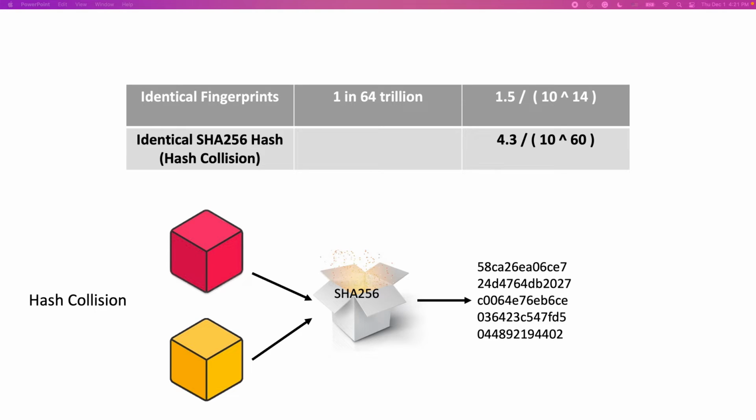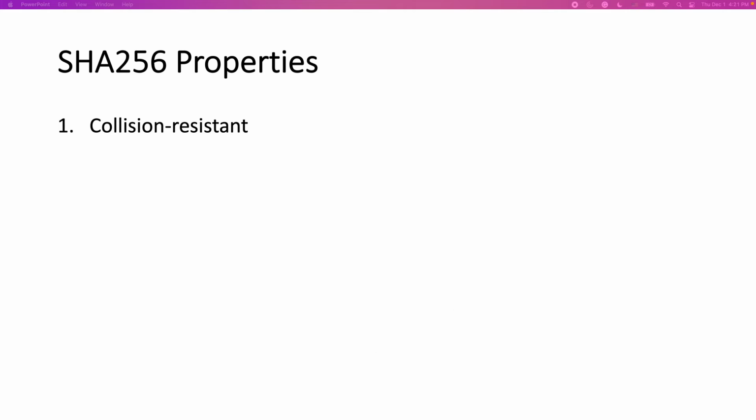And this chance is 4.3 in 10 to the power of 60, which is extremely low. And this exactly is the property of the algorithm we are seeking for a blockchain. And this property of SHA256 is called collision resistant.